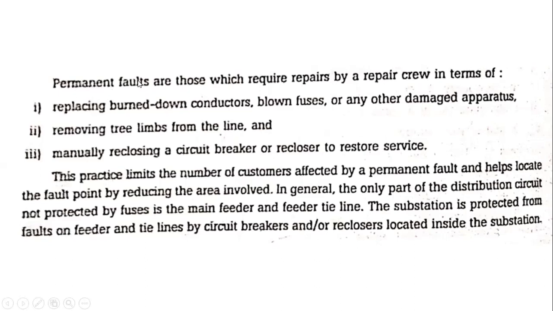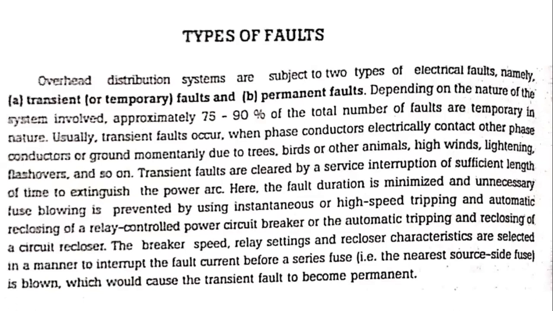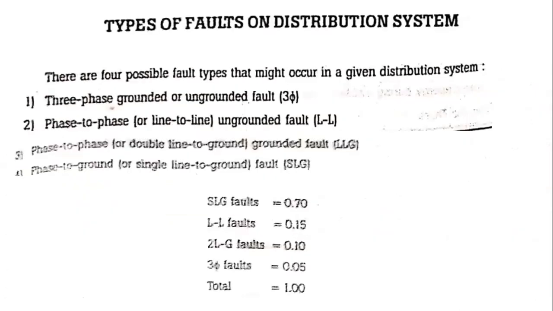Due to permanent faults, a large amount of damage occurs in the distribution system, and therefore discontinuities occur in the system. After removing the faulty equipment, we continue the power supply or the service. These are the different types of faults in distribution systems.